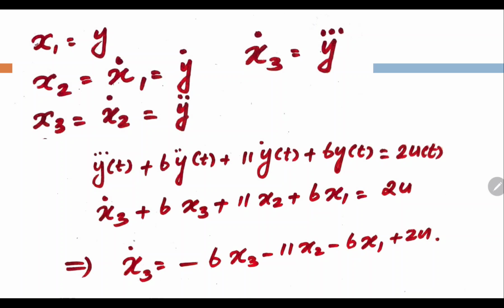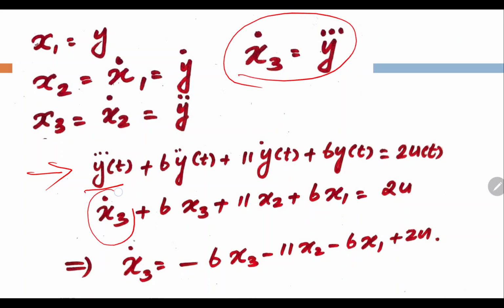Now we are going to substitute these state variables in the differential equation. So first one is y triple dot, which is equal to x3 dot, plus 6 y double dot of t, which is x3, where x3 is equal to x2 dot, equal to y double dot.